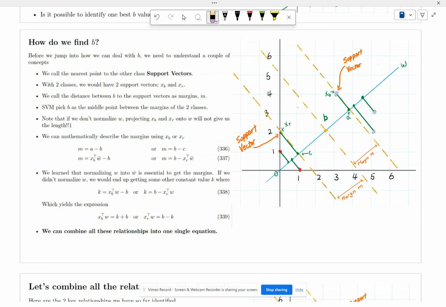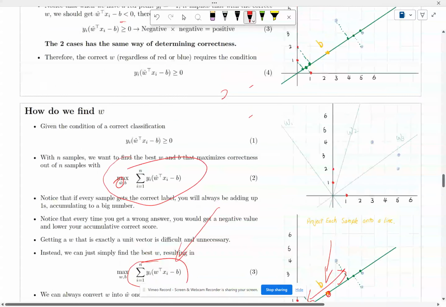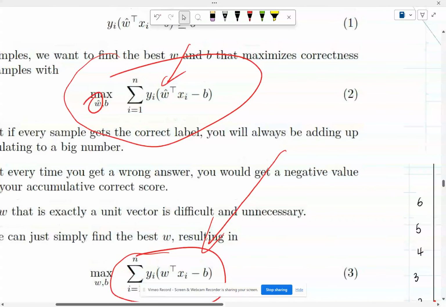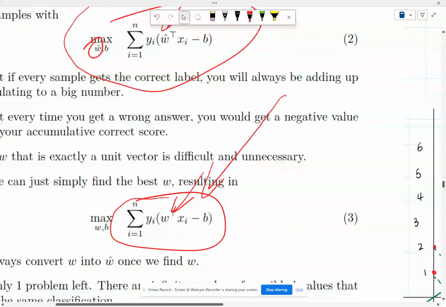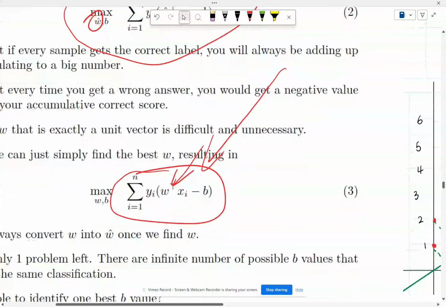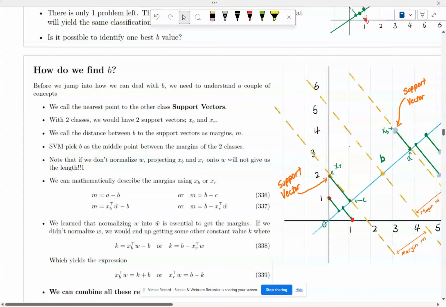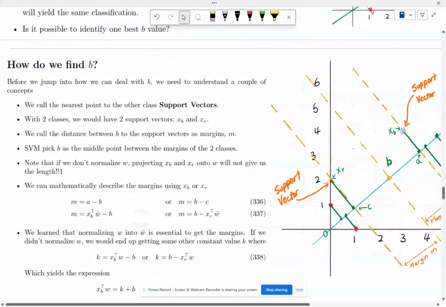Next, remember, instead of finding the normalized W, we are no longer normalizing W. Okay, so we need to adapt the situation such that we are not normalizing W anymore.